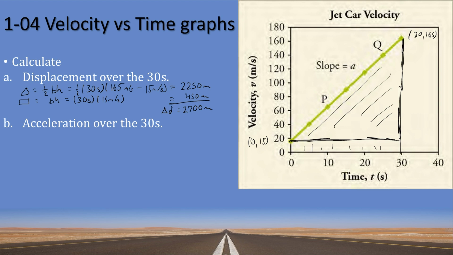Part B, find the acceleration over the 30 seconds. Since this is a straight line, we just need the slope. So we're going to look for the slope.